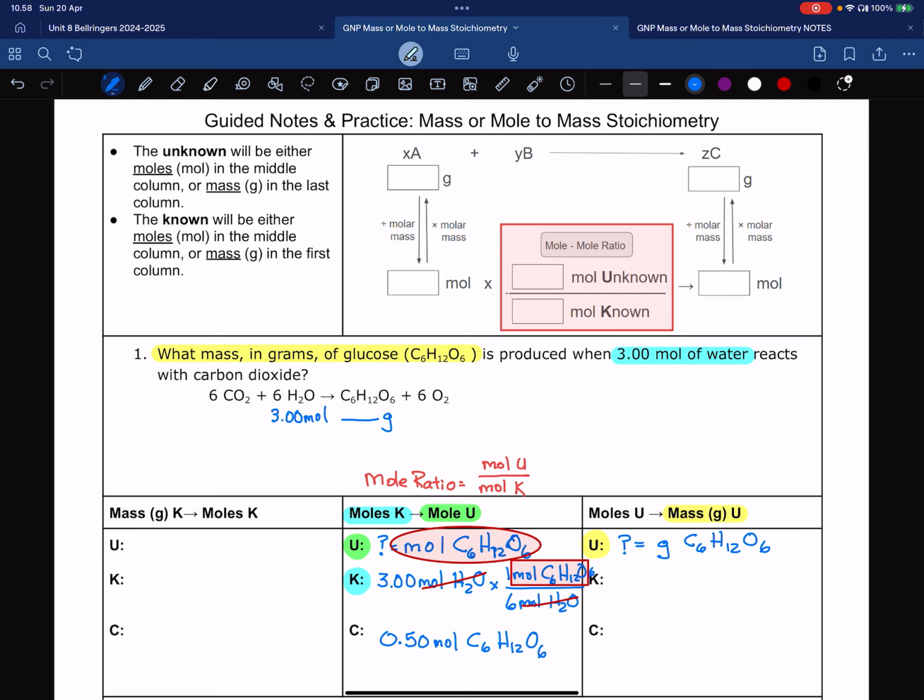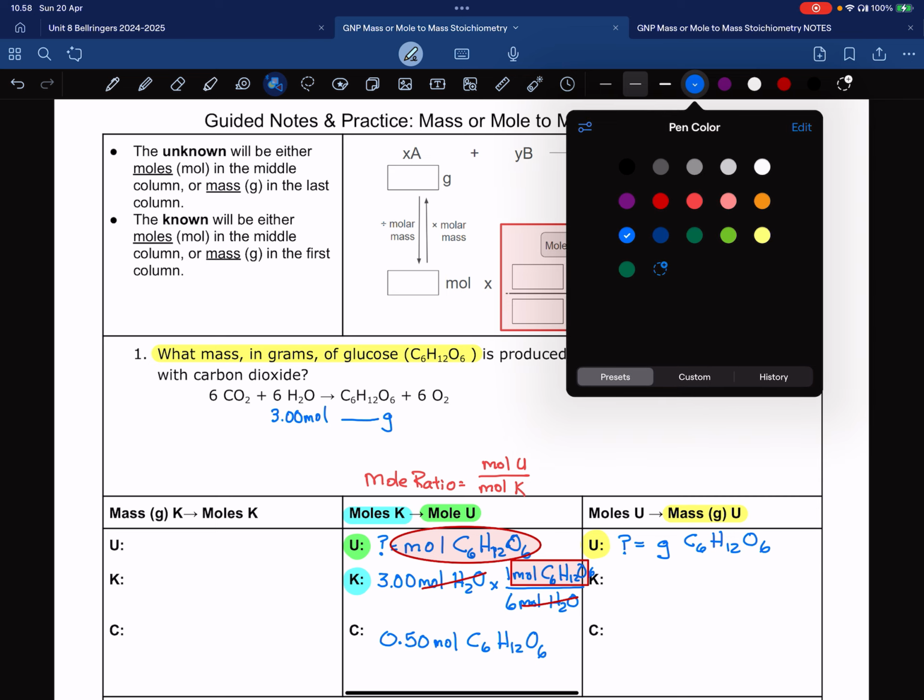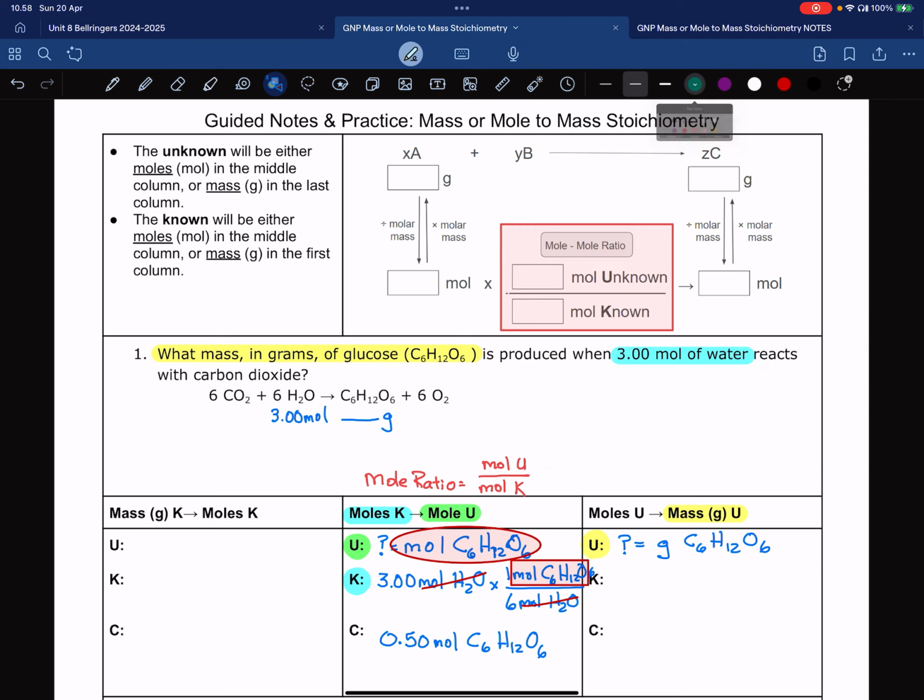And that is going to be my interim unknown. I'm going to put a little green box around it, to fit with my use of green for this interim unknown.